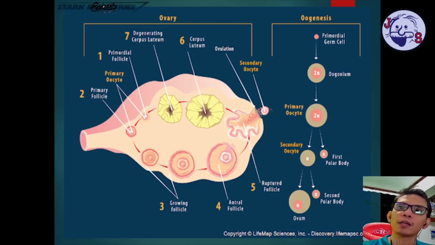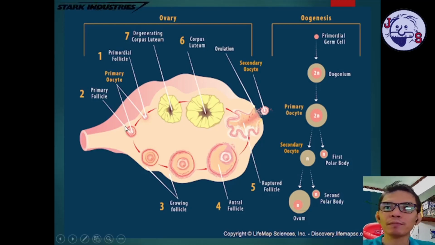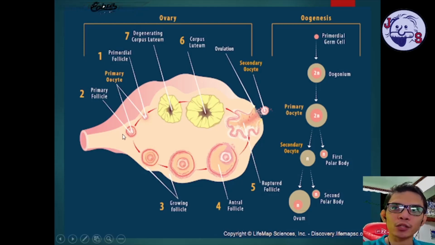So it starts with the primary follicle, which will grow with the action of estrogen. This follicle will secrete the estrogen, and it will allow the development of the follicle.